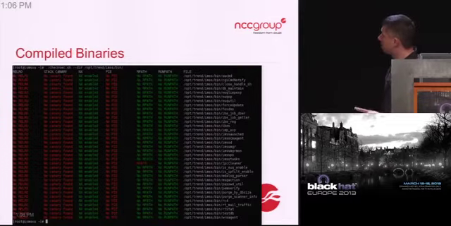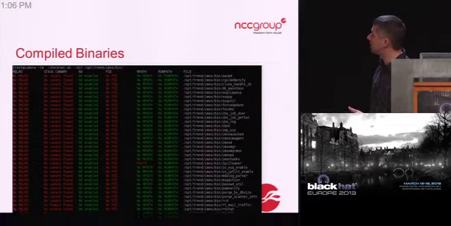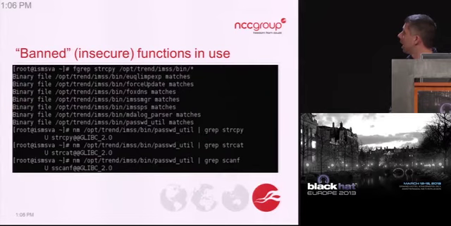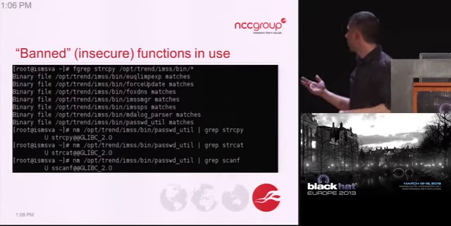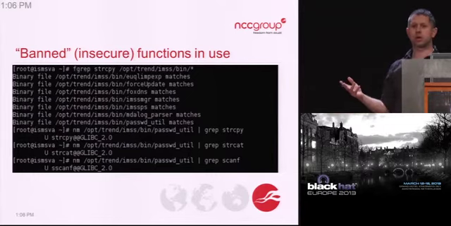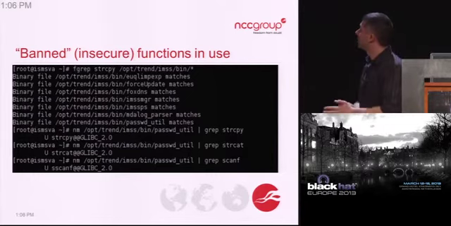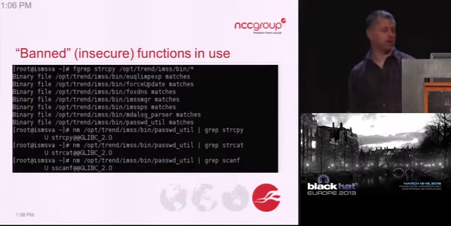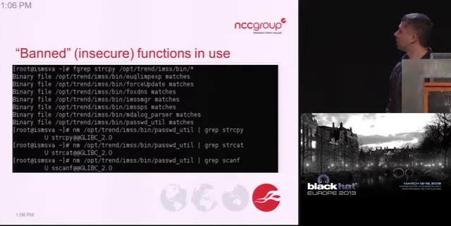Looking at the compiled binaries, we're missing stack canaries and PIE, which can help protect for ASLR. And if you look at the functions themselves, they contain things like strcpy, strcat, scanf, things that Microsoft would term banned functions, because we know for many years there have been lots of vulnerabilities caused by incorrect use of these functions.